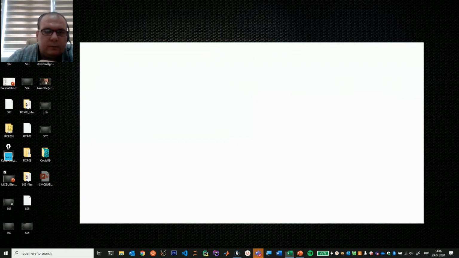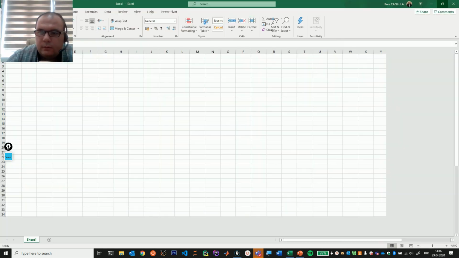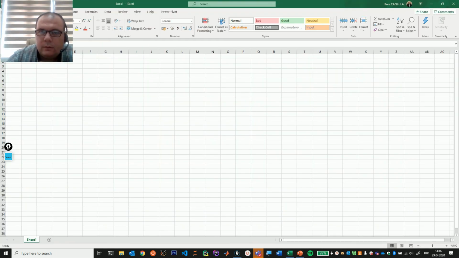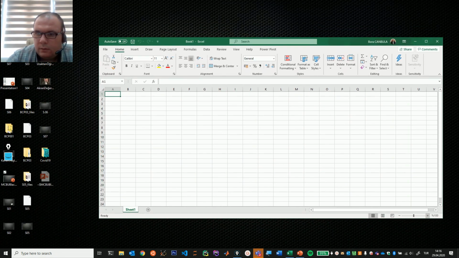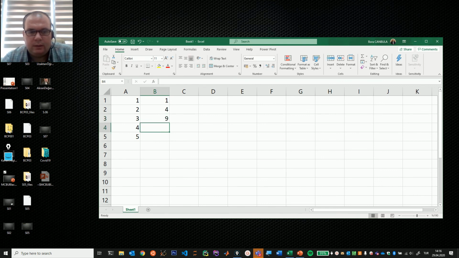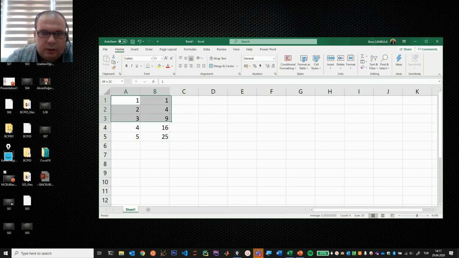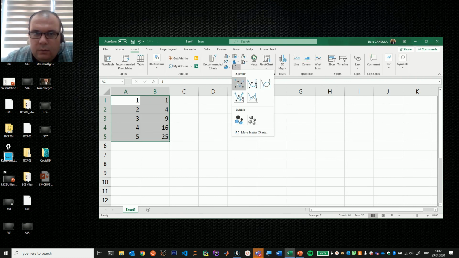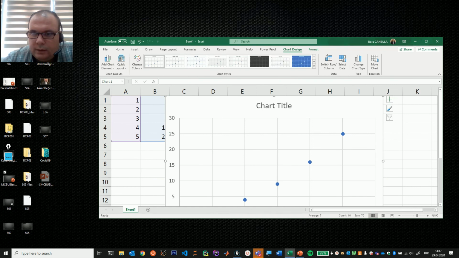Okay. I have my X points 1, 2, 3, 4, and 5, and the y values 1, 4, 9, 16, and 25. I'm going to create a scatter diagram first, like this.